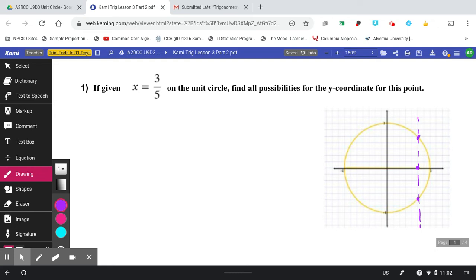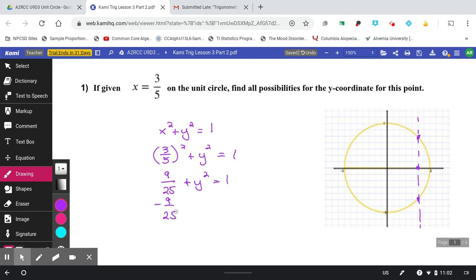Well, since we know that on the unit circle, x squared plus y squared equals 1, we can just replace the x squared with (3/5) squared. We don't know what our y squared is, that's what we're looking for, but it is equal to 1. So we're going to go ahead and square this, and we get 9/25 plus y squared equals 1.